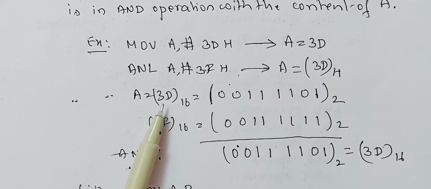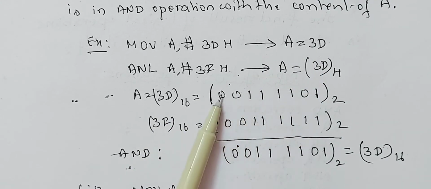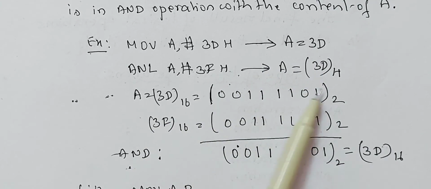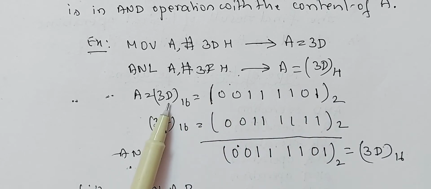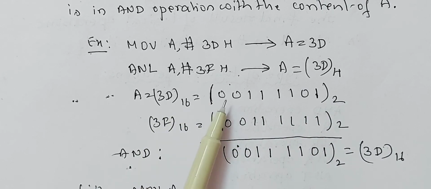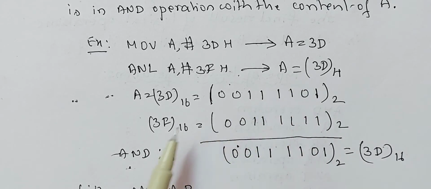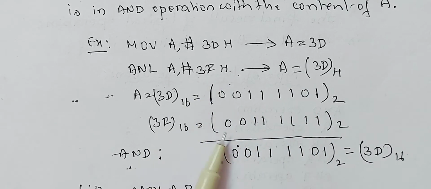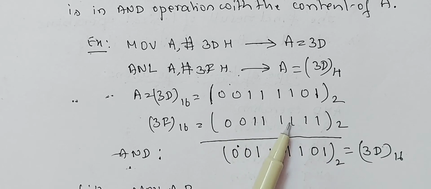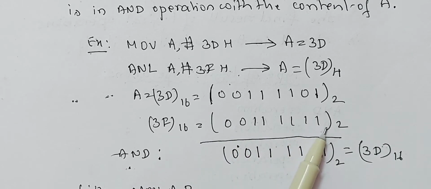Therefore, write 3D in the form of bits, that is binary digits. 8 bits is 1 byte. Similarly, 3F is 0011, F is 1111.